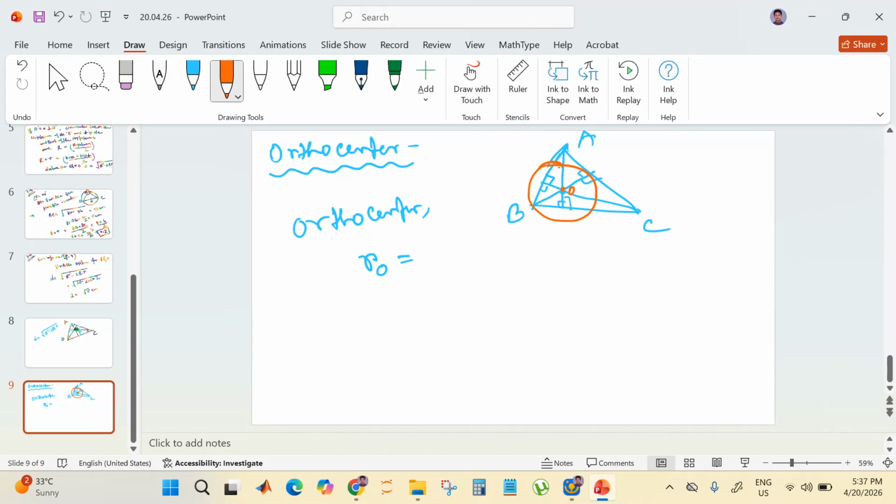Okay, so there is no exact symmetry of the circle. So R of O you can find, but actually there is no direct formula for R of O. Only if the triangle is a 90 degree right angle triangle can you directly use the formula, and that is height into base by hypotenuse.